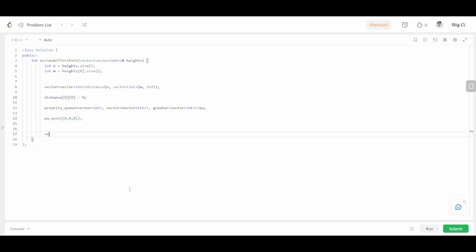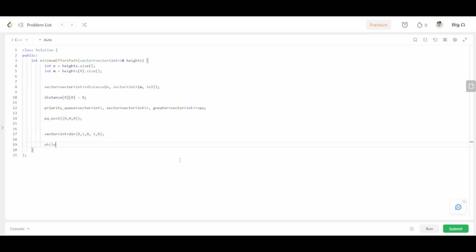Now also declare a directional vector to traverse the 4 directions of the given cell, the adjacent directions: -1 0 1 0, or not this one, 0 1 1 0 -1 0. Okay, so we cover all of the 4 directions.